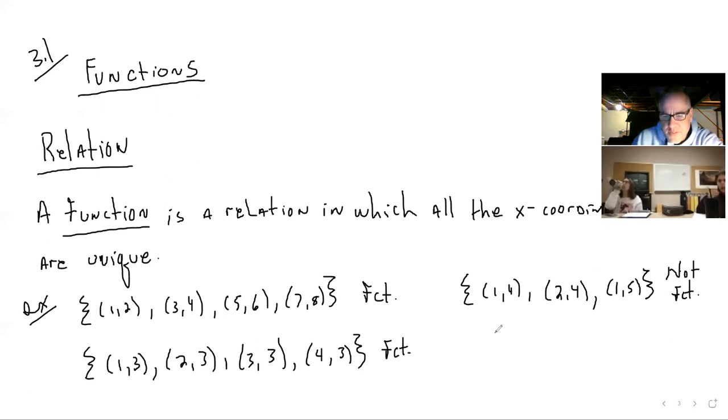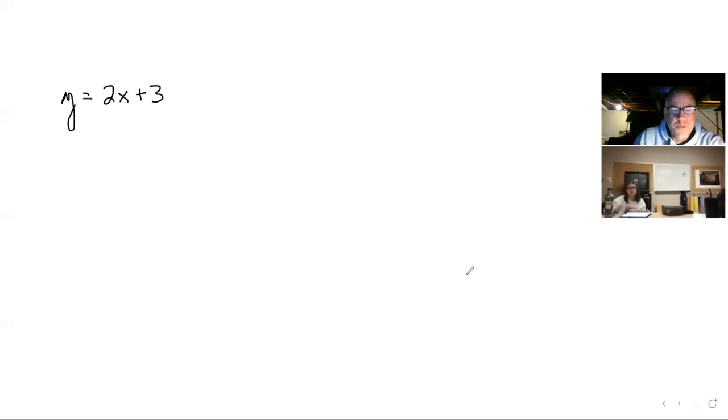What I'm saying here is 2 gets related to 4, but 1 is related to 4 and also 5. So I inputted 1, but I got 2 corresponding outputs. Not a function. A function at its heart is I put one thing in and I get one corresponding thing out. If I get more than one thing out, not a function. It's just a relation.